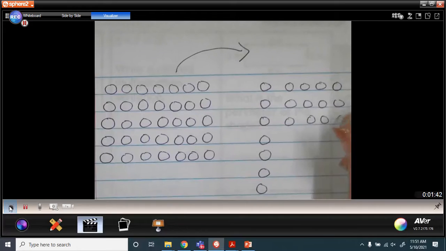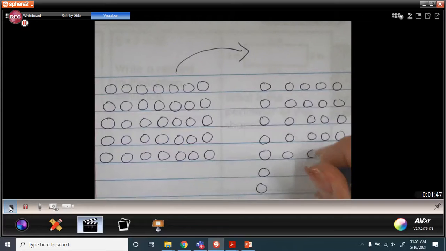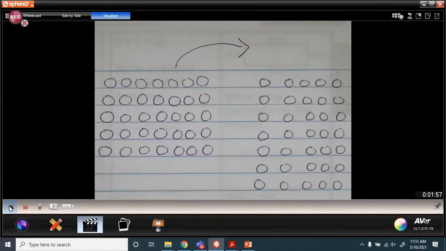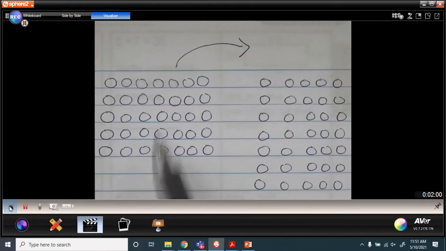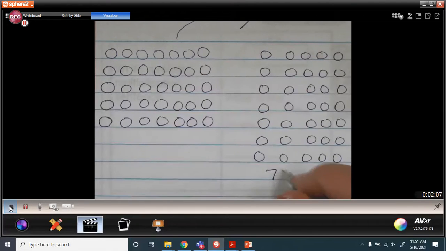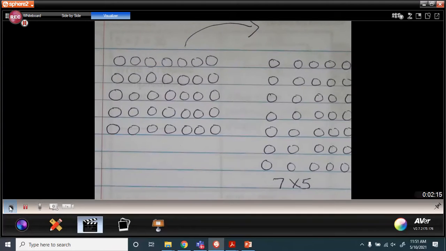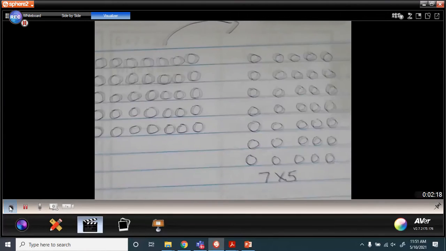So instead of now having 5 rows with 7 in each row, now I have 7 rows with 5 in each row. So basically, all I've done is I've rotated this from here onto its side, and now I have 7 rows of 5 instead of 5 rows of 7. Now, again, it won't matter how many objects, because the product will be the same.